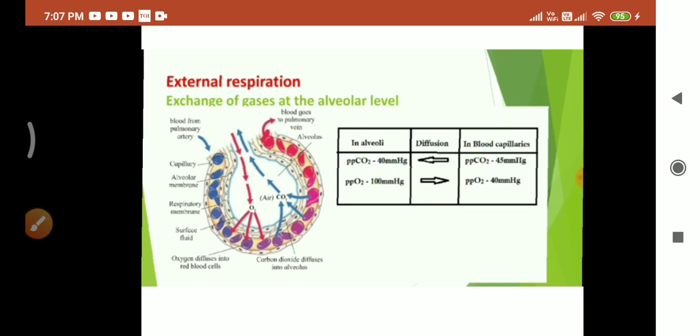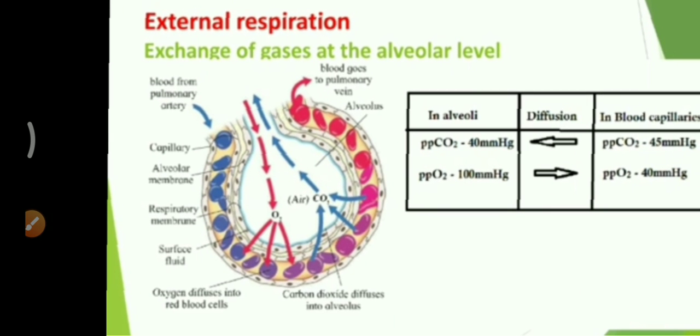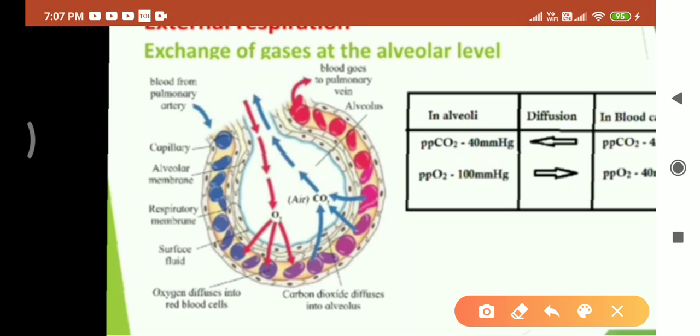This diagram is present in your textbook, and it is a very important diagram. Let's see which labels are here. Here you can see the blood from the pulmonary artery. When you see the external and internal structure of the heart, four major large arteries and veins are present.